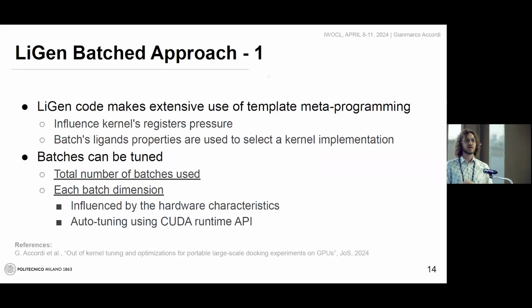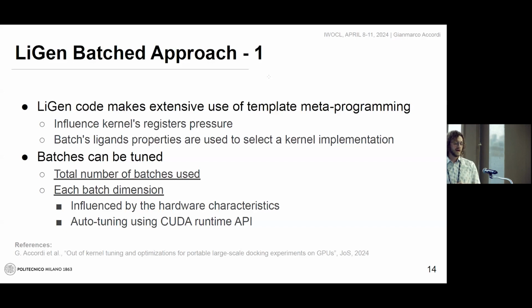So there are a lot of type template parameters that change the kernel register pressure. That depends on the loop unrolling capability of the compiler. Different kernel implementations will be used to compute different batches of ligands. And these batches can be tuned, obviously, based on how many batches you have and how many ligands you have per batch.